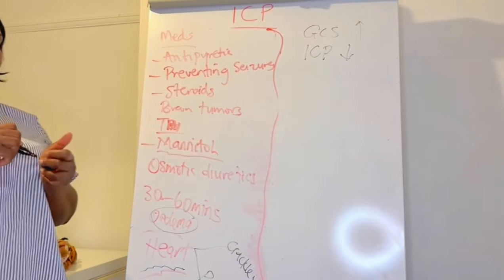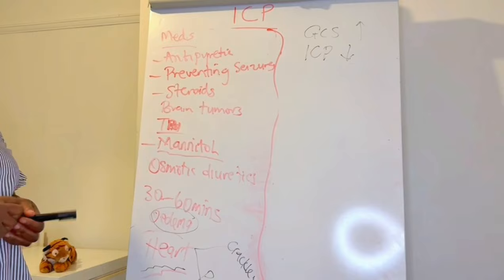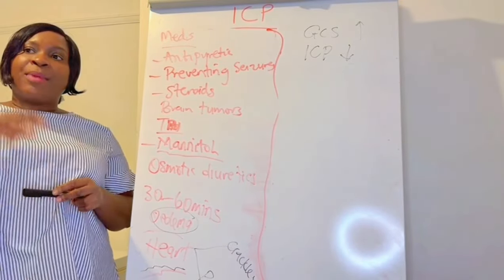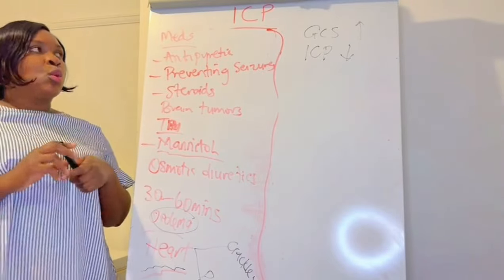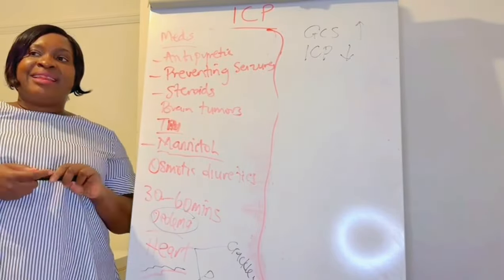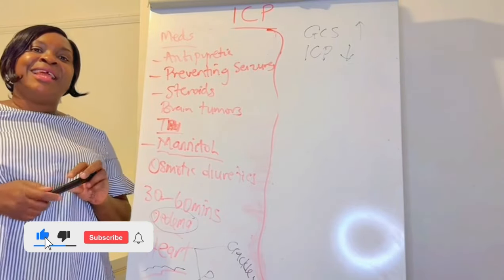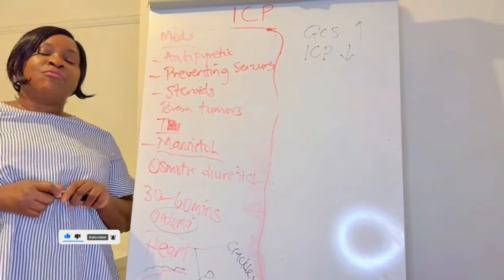Okay? And we have a surgical procedure we can do to help intracranial pressure, and that is your craniotomy, where we actually take part of the cranium out just to give space for expansion to accommodate whatever is increasing the pressure.